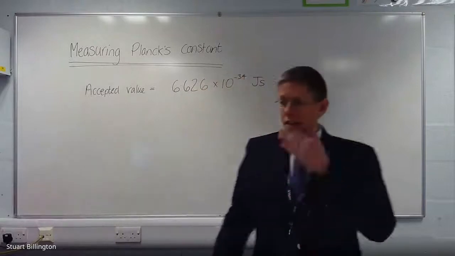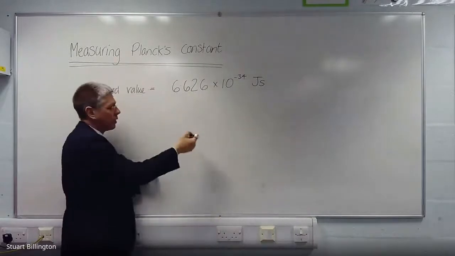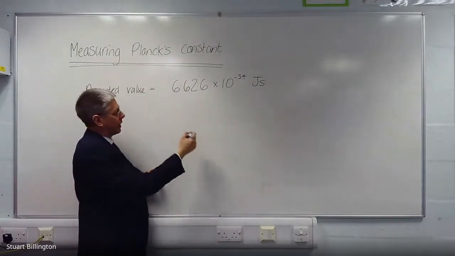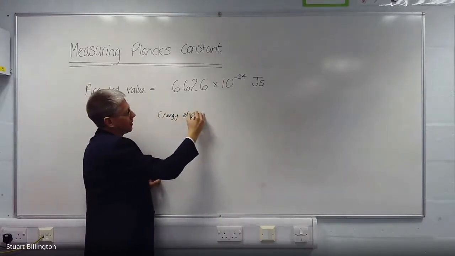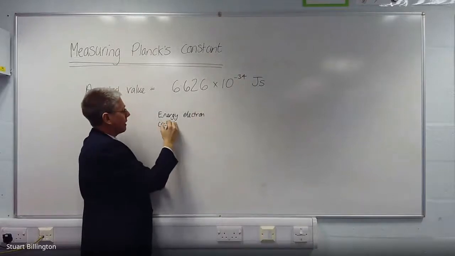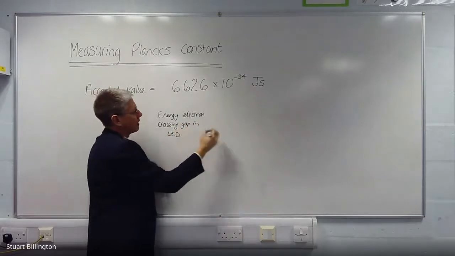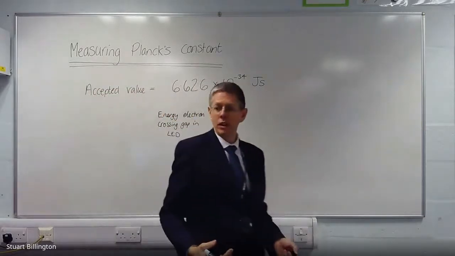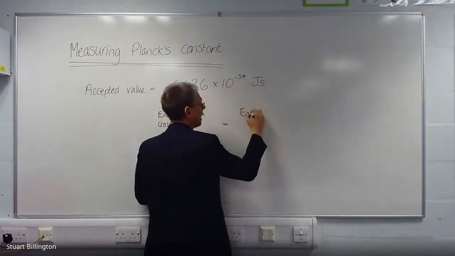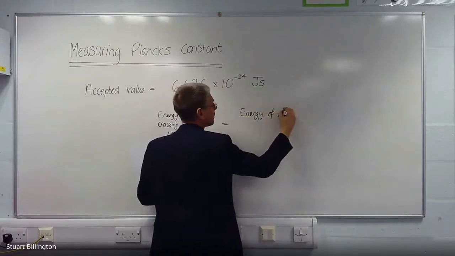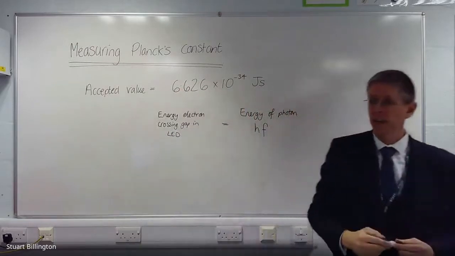All right then, so let's have a little think about what we're going to analyze here. What's going on is that we've got some energy from the electron crossing the gap in the LED is being used to create a photon that has a certain frequency.